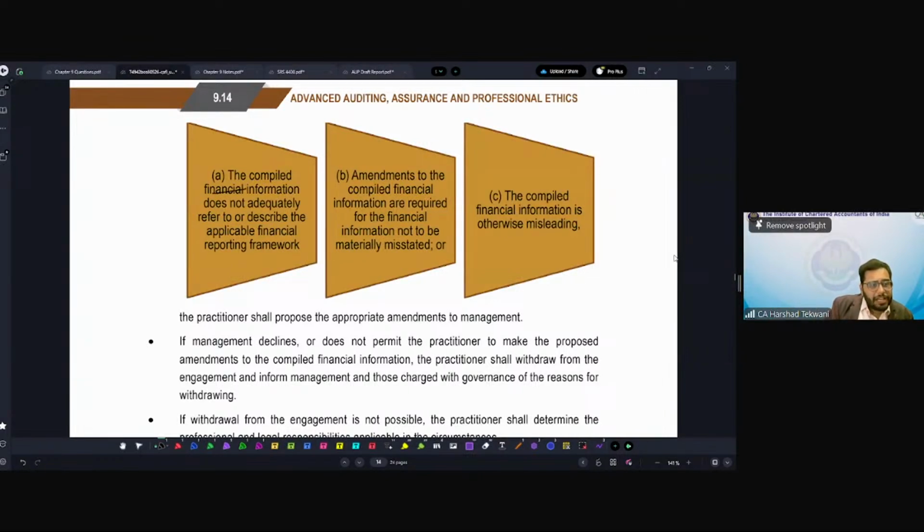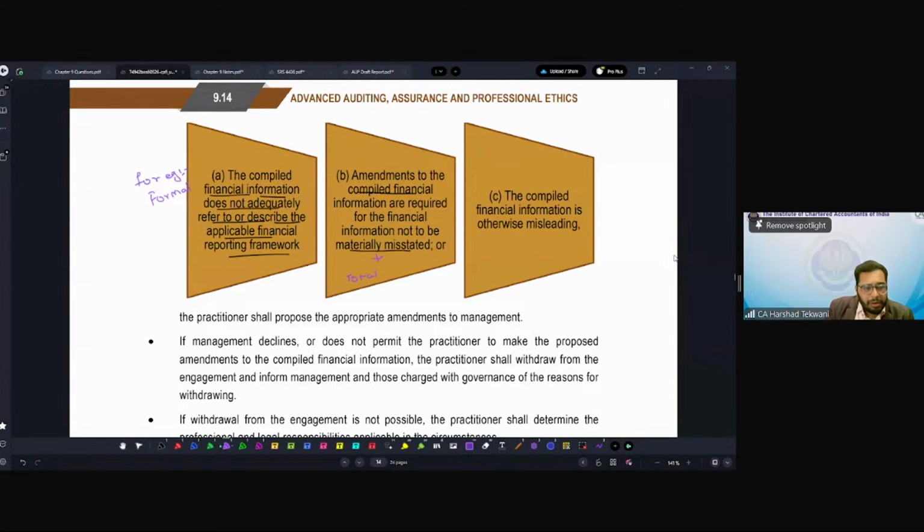So the financial information does not adequately refer to or describe the applicable financial reporting framework. Format part, so I'll write it over here. For example, format. Second, compiled financial information is materially misstated, total not matching.